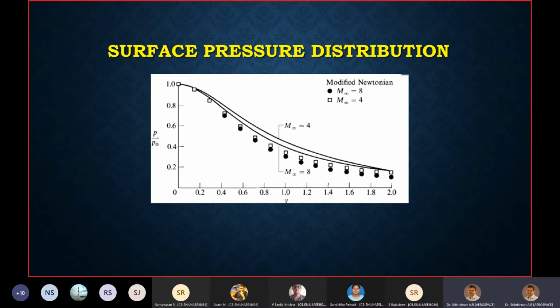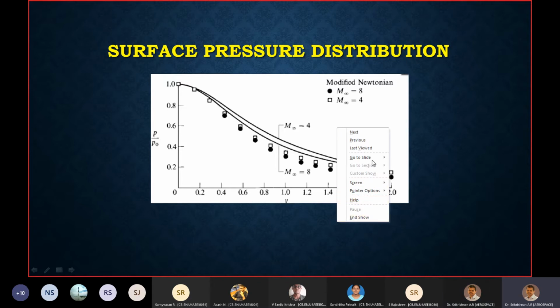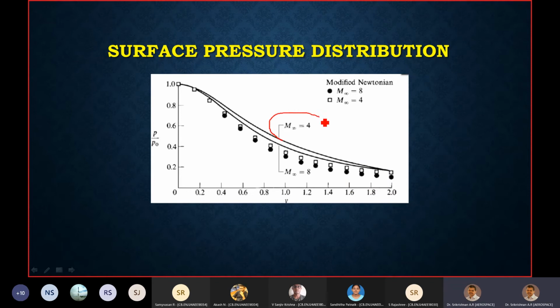One is the modified Newtonian data plotted for M infinity equals 8 and M infinity equals 4. This is the Newtonian calculation for when Mach number is 4, and this is the Newtonian calculation for Mach number equals 8. And the dark dots are experimental.